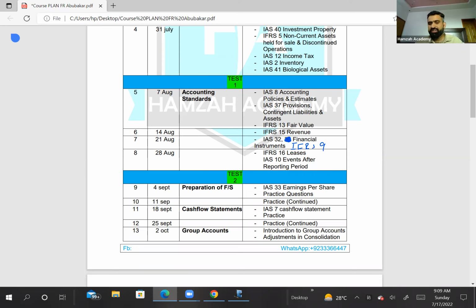Then we have IFRS 16 Leases, IAS 10 Events after the Reporting Period. Then we have IAS 33, which is earnings per share. Then we have IAS 7 Cash Flows. Then we have an introduction to group accounts, which is known as consolidated financial statements.